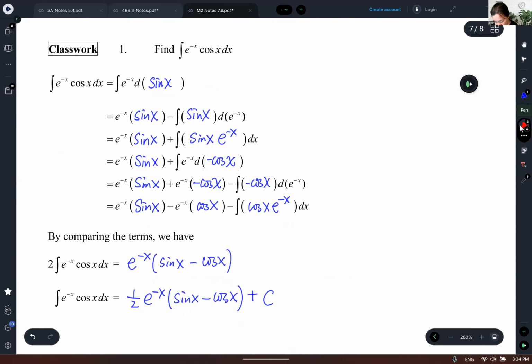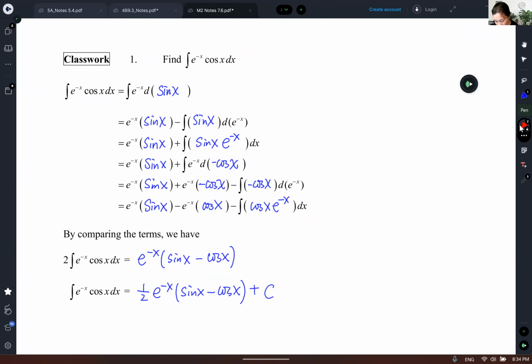For the first exercise, that is the textbook exercise. Now, because I provide the steps, I think you must use cosine dx equal d sine x. And the second time you will use sine dx equal d negative cosine x.